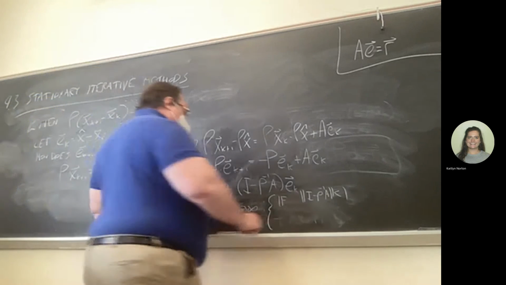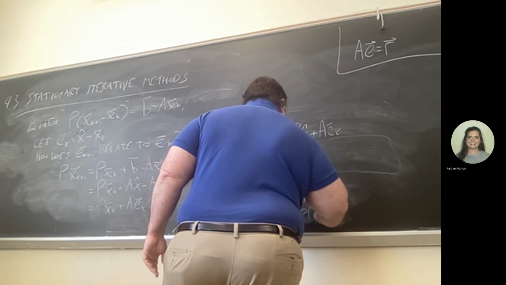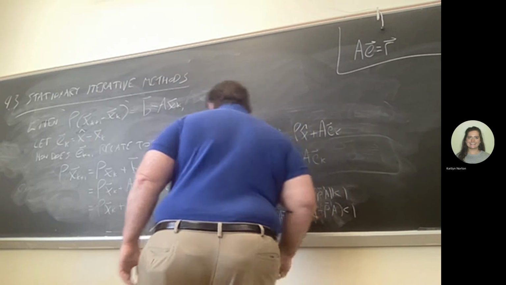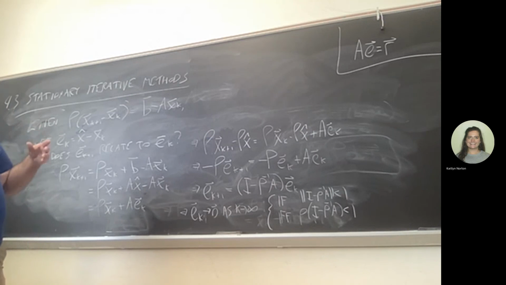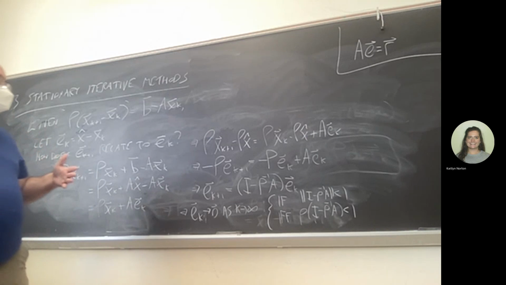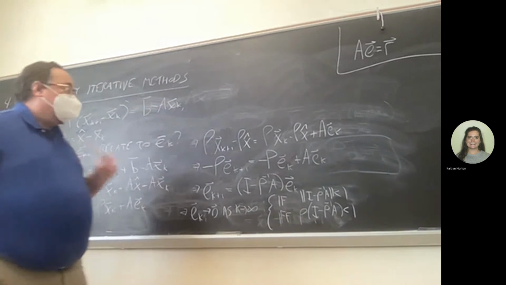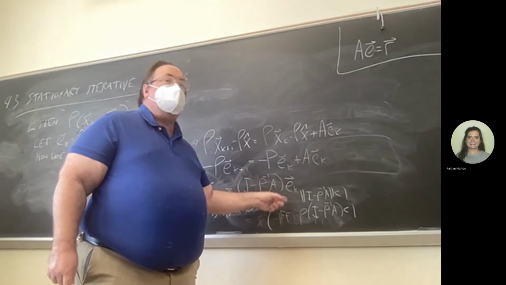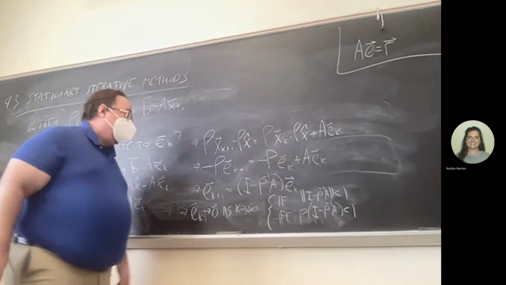Another condition, if and only if the spectral radius of identity minus P inverse A is less than 1, so necessary and sufficient. And this is because any natural matrix norm is greater than or equal to the spectral radius. So you get a situation where various norms are greater than or equal to 1, but if the spectral radius is less than 1, it still works out and you have convergence.